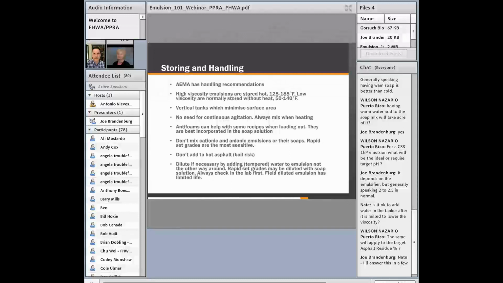You want big blades. You just want really slow movement. You don't want actual mixing. Never create a vortex in a tank of emulsion. And it could be a top mount mixer as well, but I would also recommend having a timer on that mixer, just so it cuts off after 10 or 15 minutes.